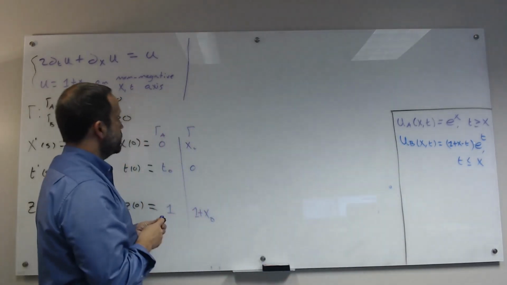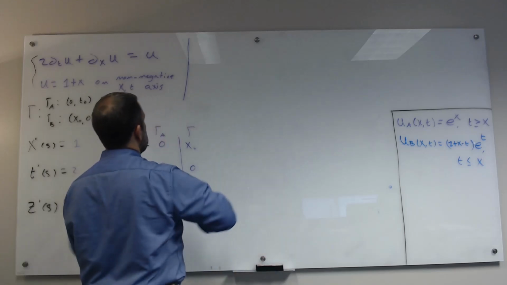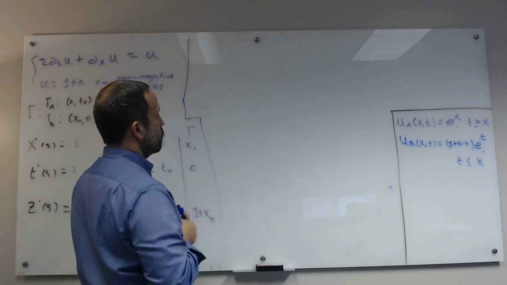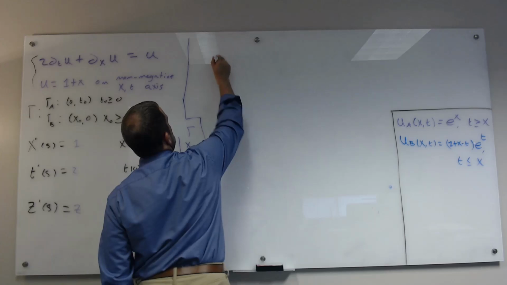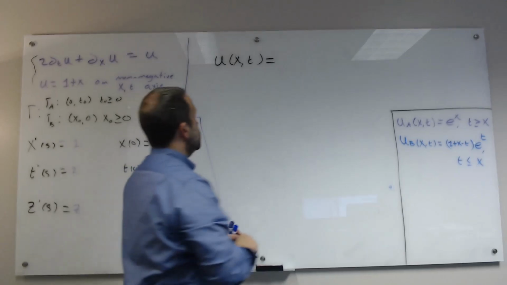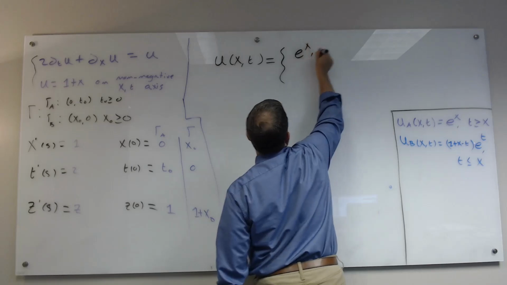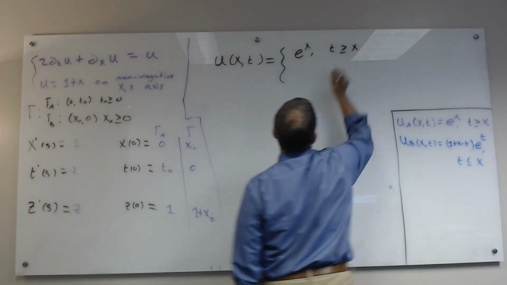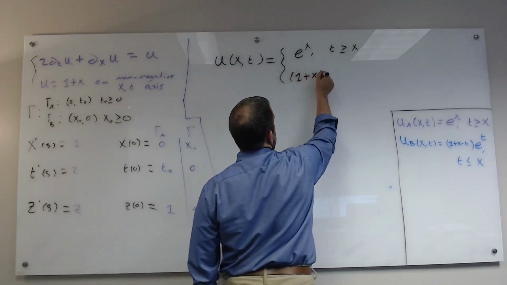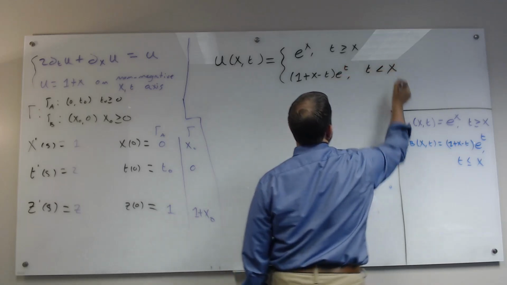So then our overall solution u of x, t is equal to e to the x when t is greater than or equal to x, and then I'm going to say it's 1 plus x minus t, times e to the t, when t is strictly less than x.